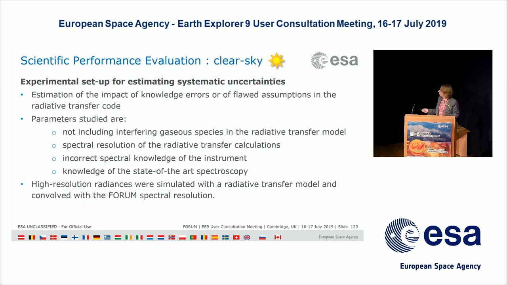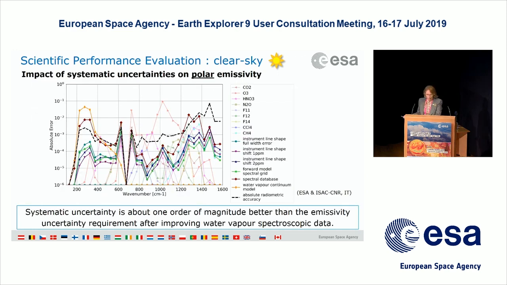And so the radiances were simulated and then convolved with a FORUM spectral resolution for this. And so this is a really complicated plot, but you have on the left-hand side the absolute error on the emissivity versus the wave number. So the far infrared range is here, and the scale is logarithmic.